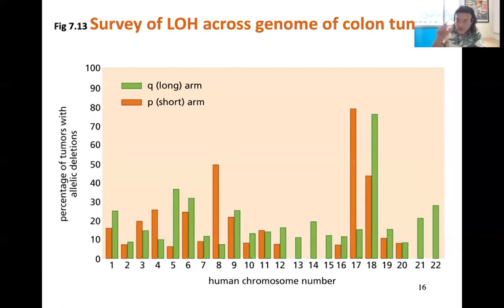Because again, remember, this is starting from colon tumors, looking at them and looking for this evidence, comparing them to normal tissues. So that might help you narrow down your search for colon tumor specific genes to chromosome 8, 17, or 18. It's a good way to start building a hypothesis and start looking for things.